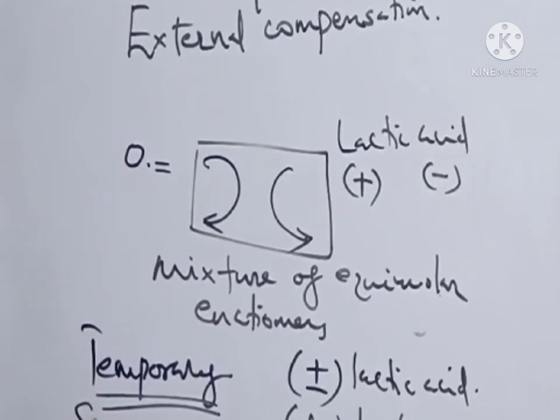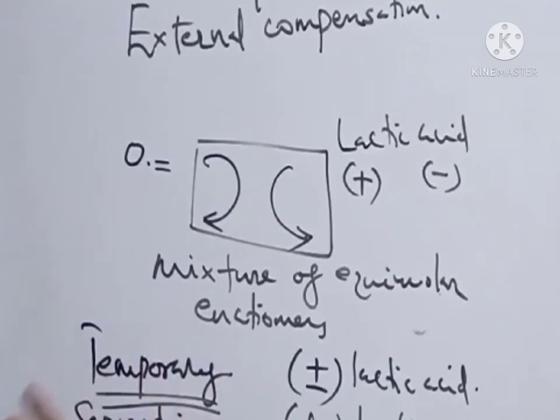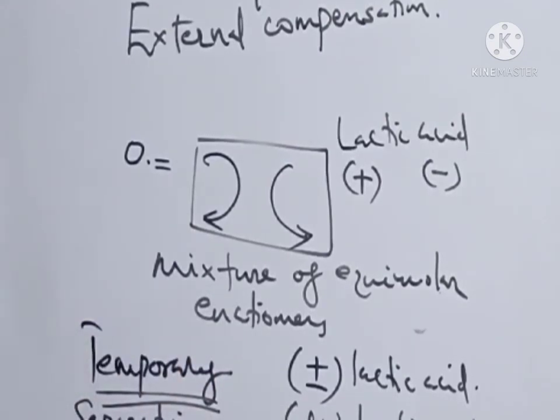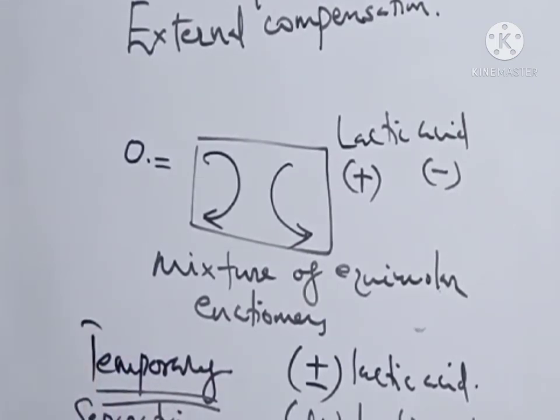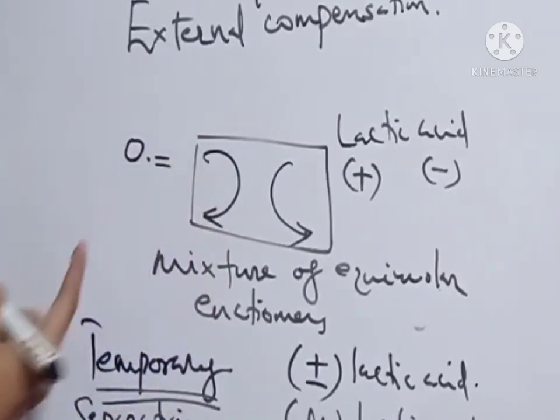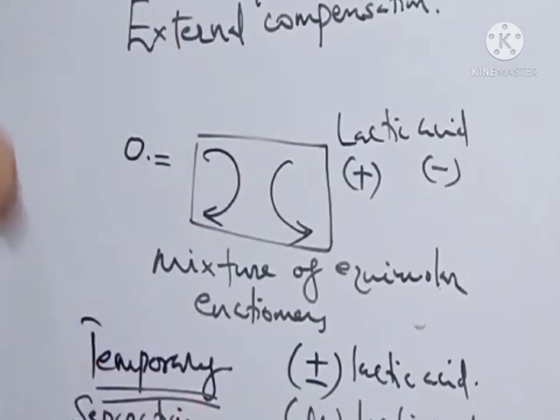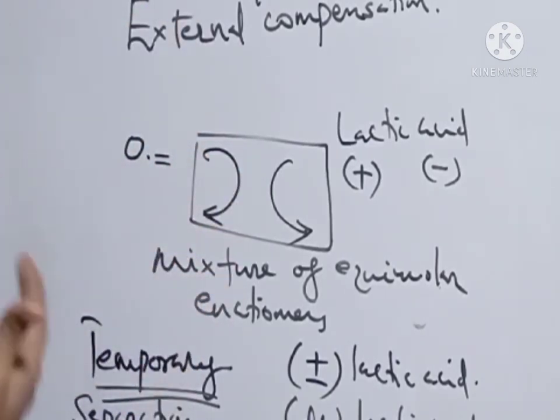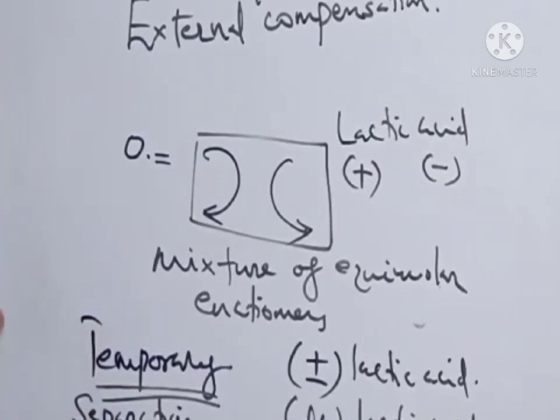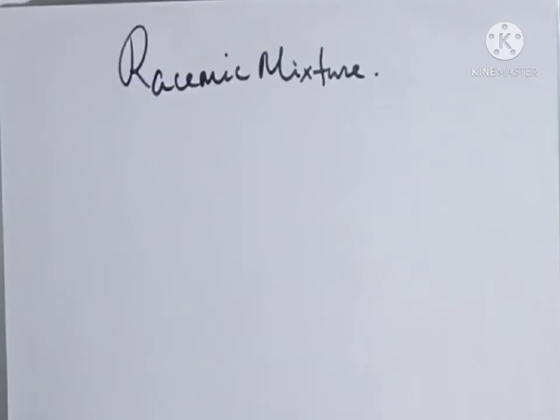So separation of enantiomers makes the mixture optically active, and the process of separation of enantiomers from a racemic mixture is known as resolution. So resolution of racemic mixtures makes them optically active. Coming to meso compounds, the optical inactivity of meso compounds is permanent due to the presence of planar symmetry.